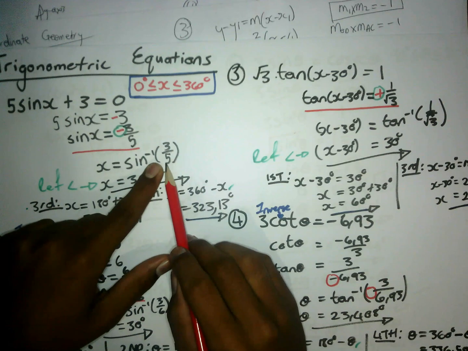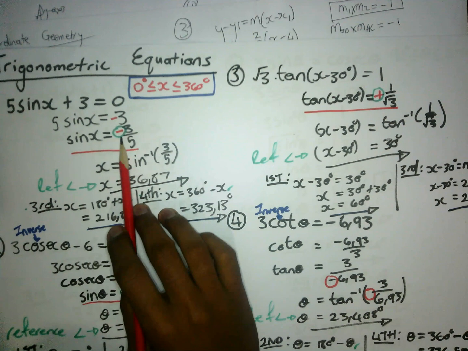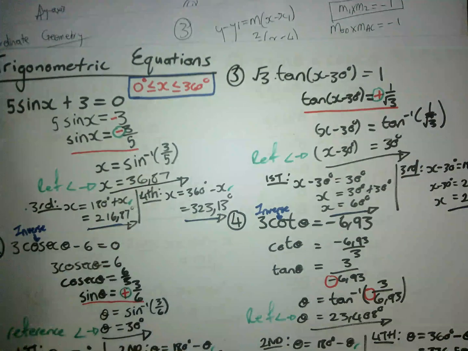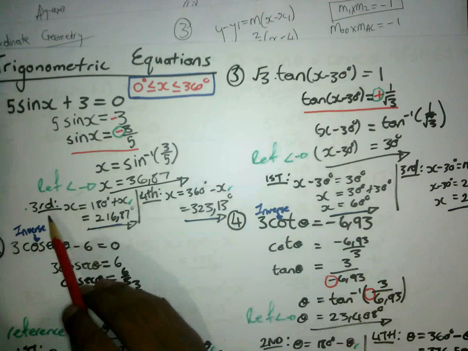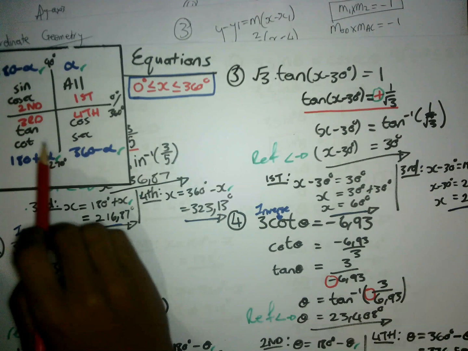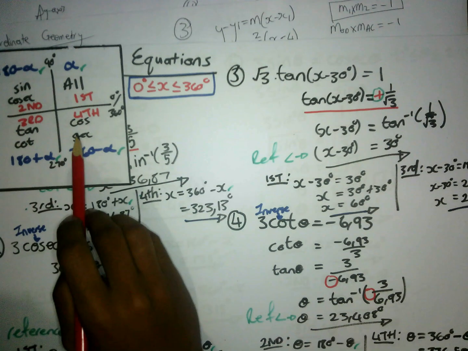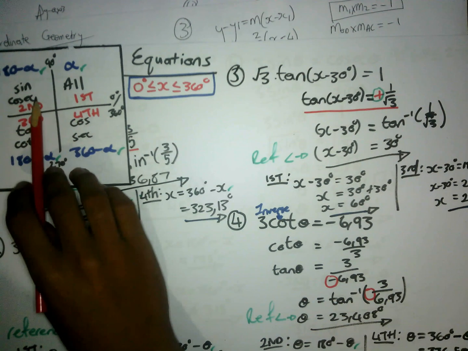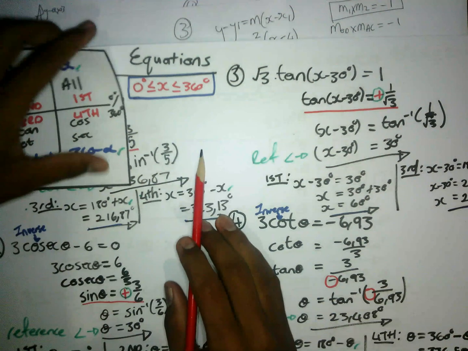I don't put a negative because the negative only tells me which quadrants I'm working in for sin: the third and fourth quadrant. It tells me that I must only look at the quadrants where sin is negative. Sin is positive in the first and second, but negative in the third and fourth. So that's all it's telling me.